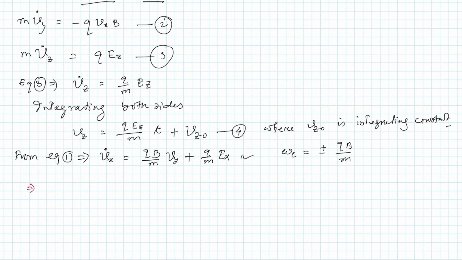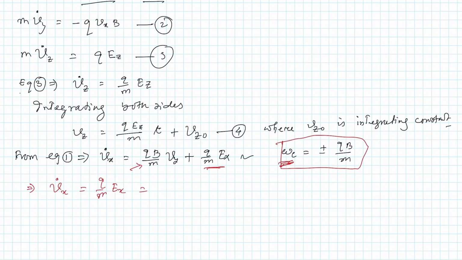So we will get v x dot is equal to, let me write this term first, q by m E x, then let us replace this by plus minus omega c, because omega c, the cyclotron frequency, is plus minus qB by m.